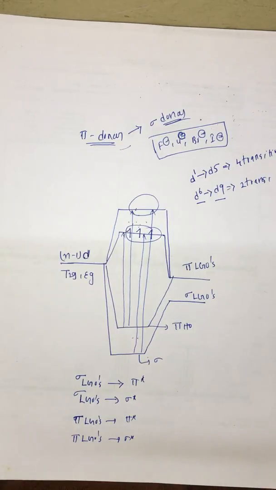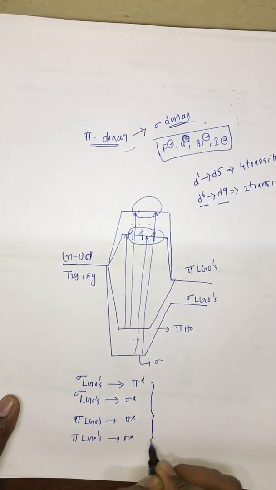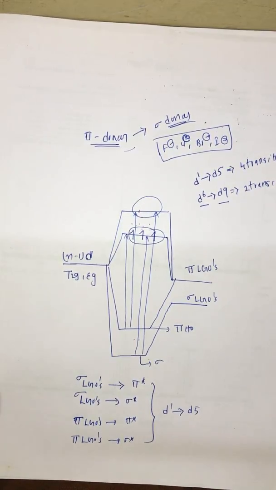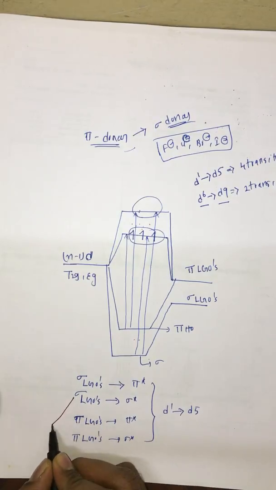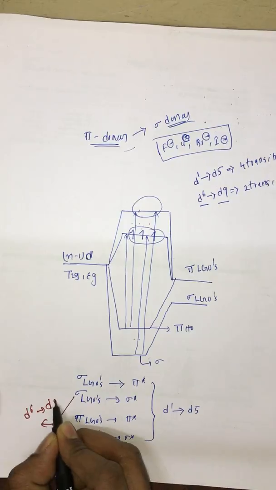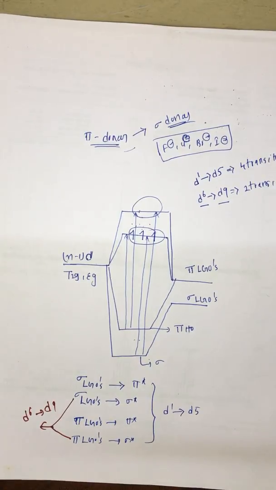So these are the transitions possible from d1 to d5. From d6 to d9 only these two transitions are possible. Okay, so this is about the pi donors.